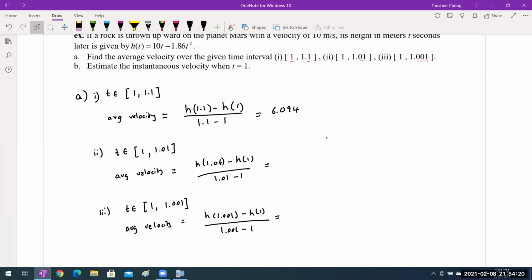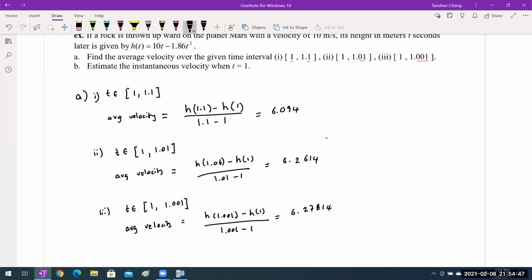So go ahead, pause, use your calculator, and find out if we get the same answer or not. For this, I got 6.2614. And the next one, I got 6.27814.